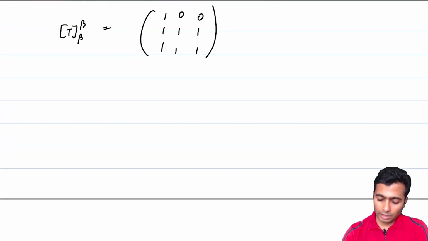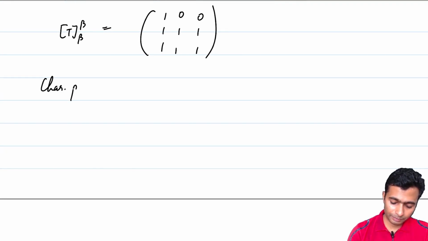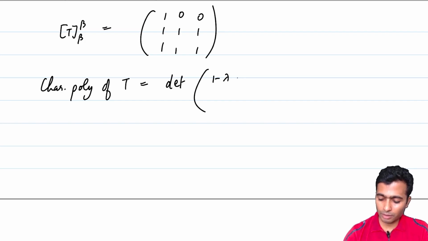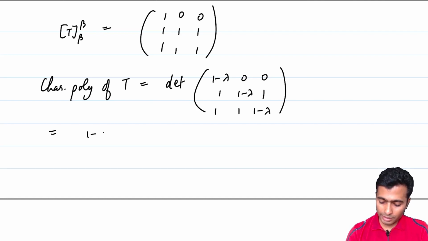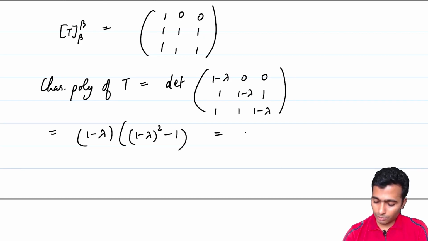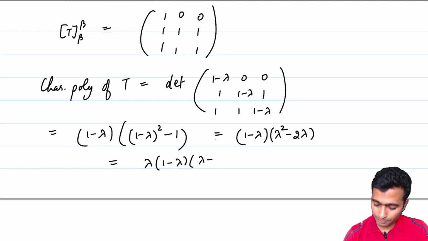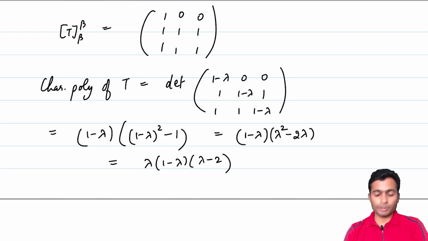Okay, so what will be the characteristic polynomial? This will be the determinant of the matrix with rows 1 − λ, 1, 1; 0, 1 − λ, 1; 0, 1, 1 − λ, which is equal to (1 − λ) times ((1 − λ)² − 1), which is equal to (1 − λ) times (λ² − 2λ + 1 − 1), which is λ² − 2λ, which is equal to λ(1 − λ)(λ − 2).